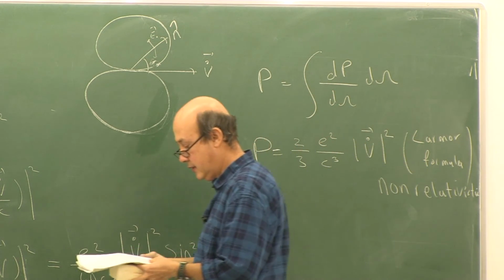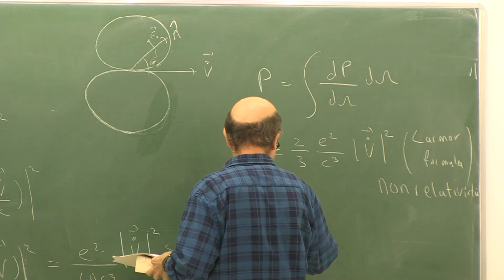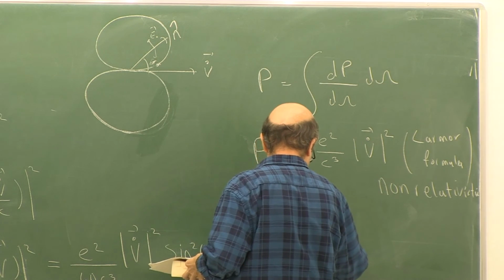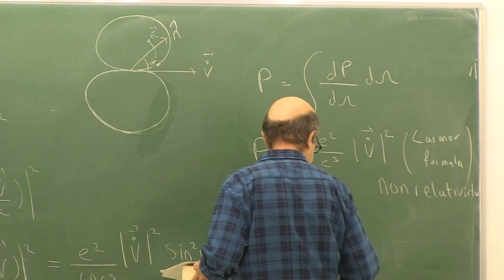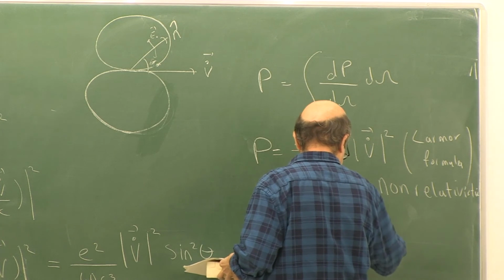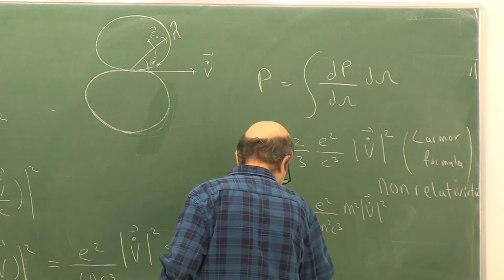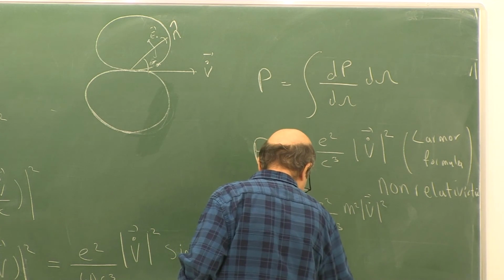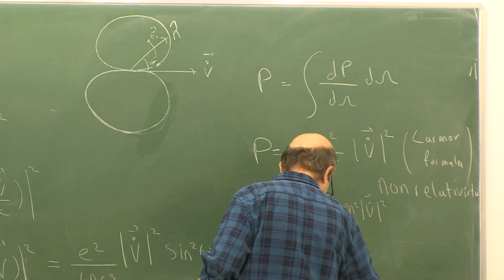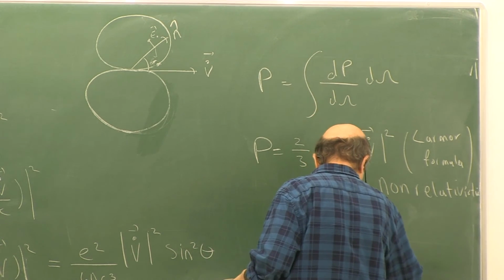And you can write this formula by dividing by mass and multiplying by mass in the following form also: 2 over 3 e squared over m squared c cubed, and that is nothing but m squared v dot squared, which is equal to 2 over 3 e squared over m squared c cubed, dp over dt dot product by itself.